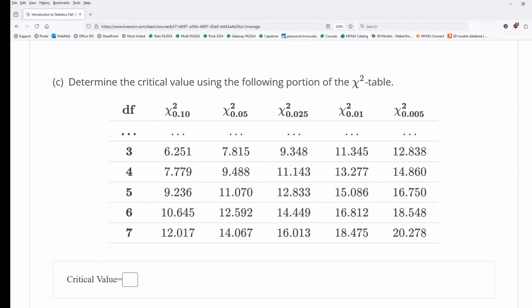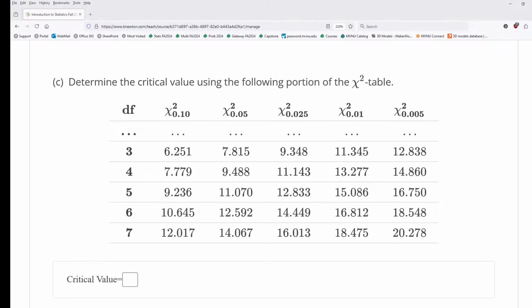Let me write that down over here: 9.236, chi-squared critical. Okay, so here's what we do now.